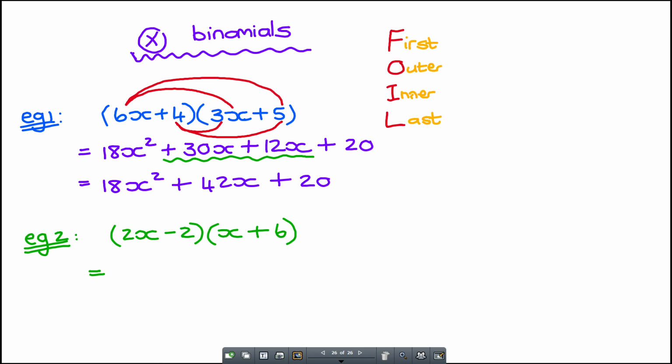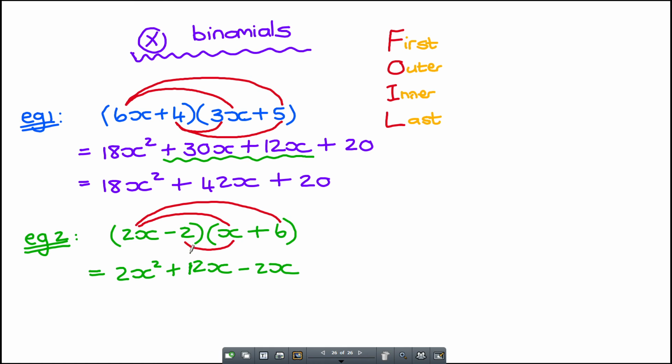You guys done? Okay, so the F is for first. So I'm going to say 2x times x, and that's going to give me 2x to the power of 2. Then outer, so 2x times 6, and that gives me 12x. Then inner, minus 2 times x will be minus 2x.